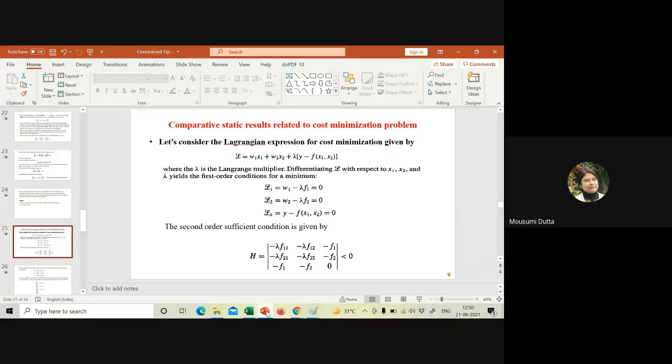The required Lagrangian is given by L is equal to W1 x1 plus W2 x2 plus lambda into output minus f of x1, x2, where lambda is the Lagrange multiplier. Differentiating L with respect to x1 and x2, you will be able to generate the first order conditions and the second order requirement is given by this. Already we did all these things, so you are familiar with these.